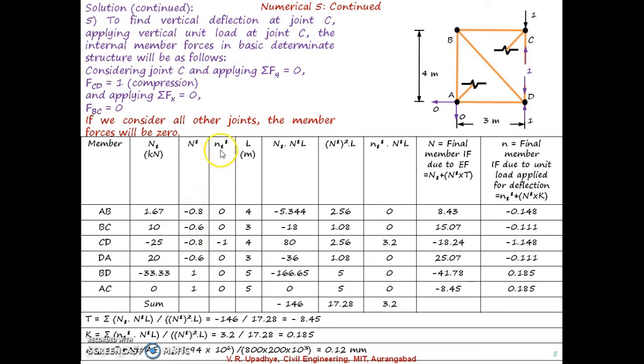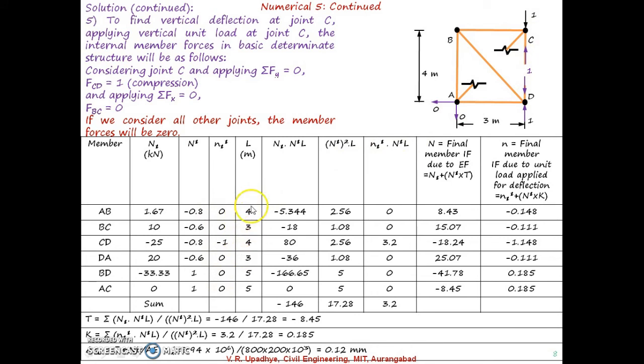Then column number 4 is small n dash, the member forces due to the unit load applied at the position where deflection is required to be calculated. That is written over here in column 4.